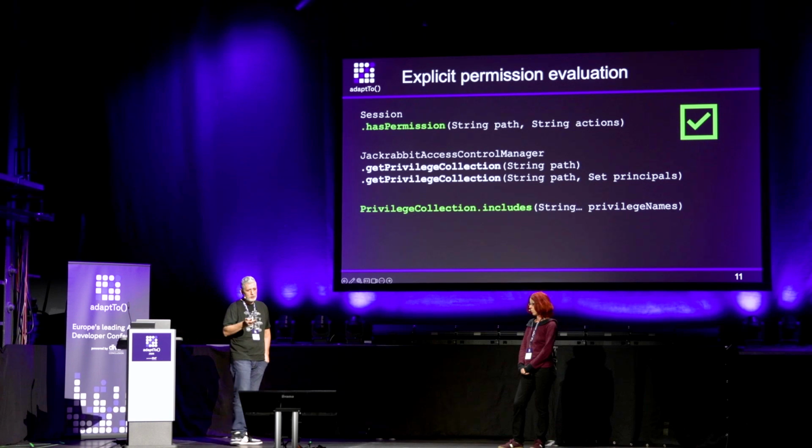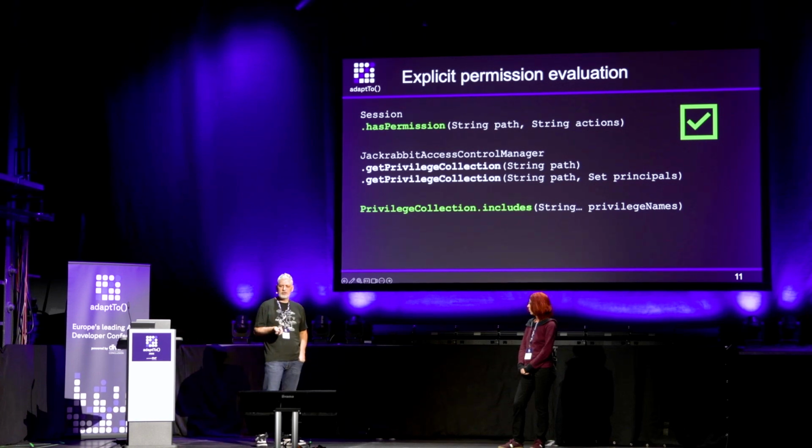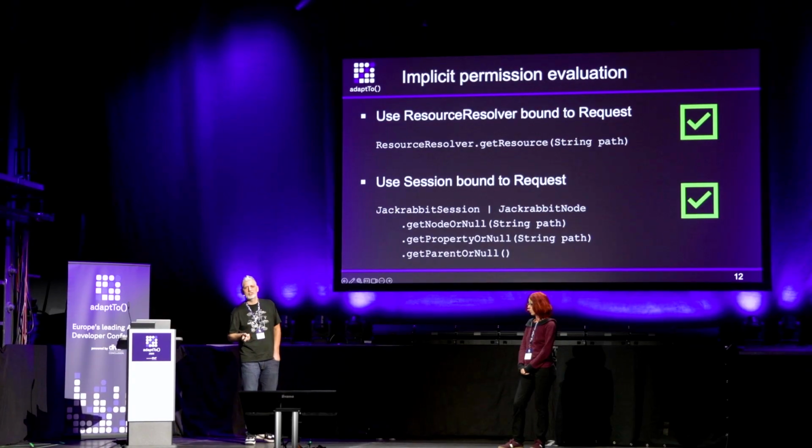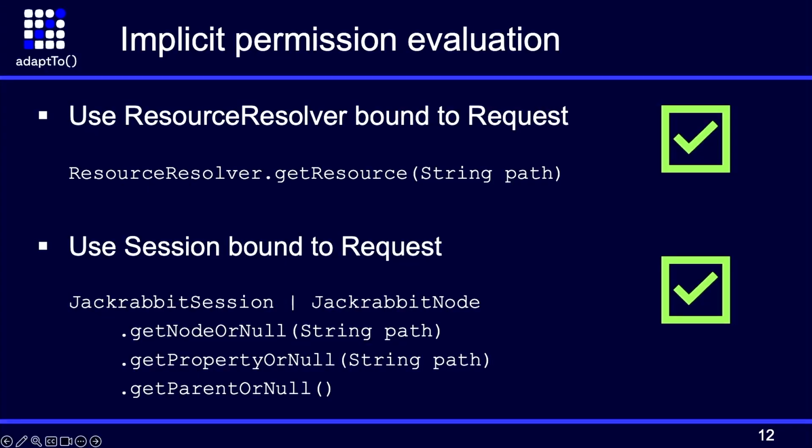In addition to the explicit permission, there's another way to do it, where you can do implicit permission evaluation. I think most of the people are doing this. You are using the resources that are attached to the session, or attached to the request, sorry.